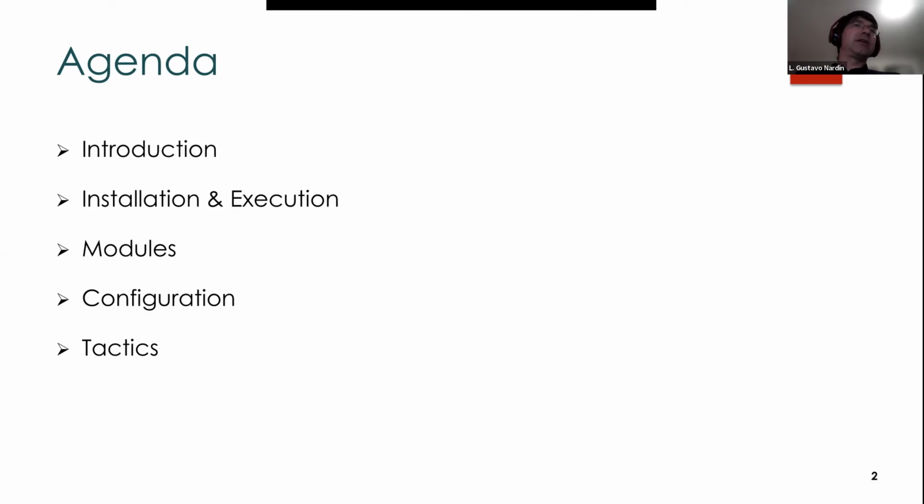Then I will talk a little bit about how to install and run this tempo agent using ADF. I will explain the different modules that we have in the ADF, how to configure the ADF accordingly, and try to go a little bit deeper into the code to show how the tactics work.